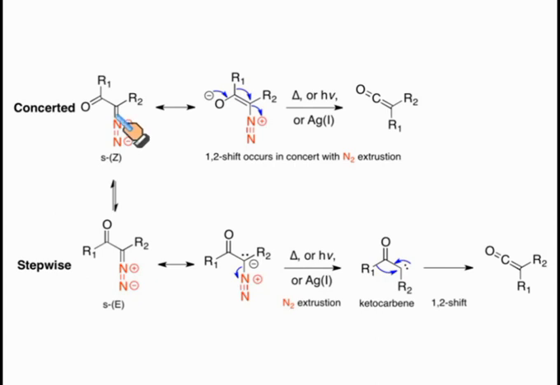Consequently, the C=N double bond comes there and the C=O double bond comes and generates this resonating structure. When the negative charge of the oxygen comes back in this way, then the R1 group migrates to the carbon containing the N2 plus group, and consequently nitrogen leaves from the compound and generates carbene.